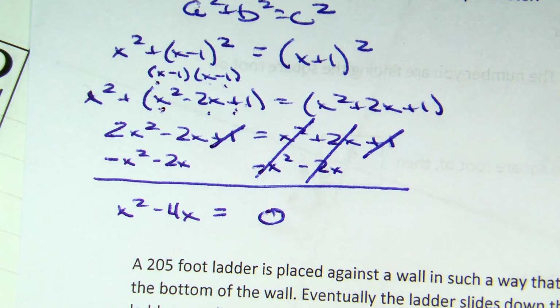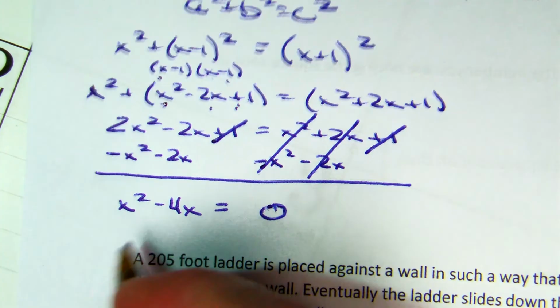Now, it's not a trinomial, but it's a binomial with a GCF. What term goes into both x squared and negative 4x? What variable? Just little old x. So I pull that out.